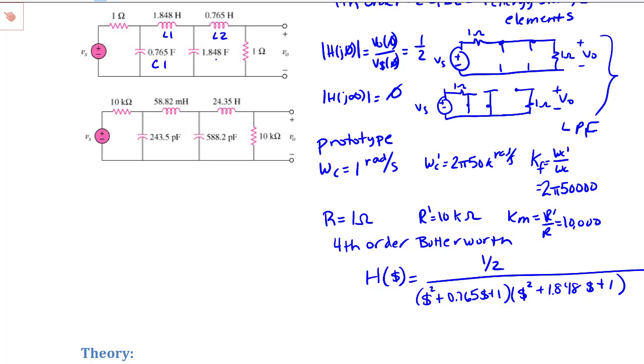We label on the circuit L1, L2, C1, and C2. And now we're looking for L1 prime, L2 prime, C1 prime, and C2 prime.